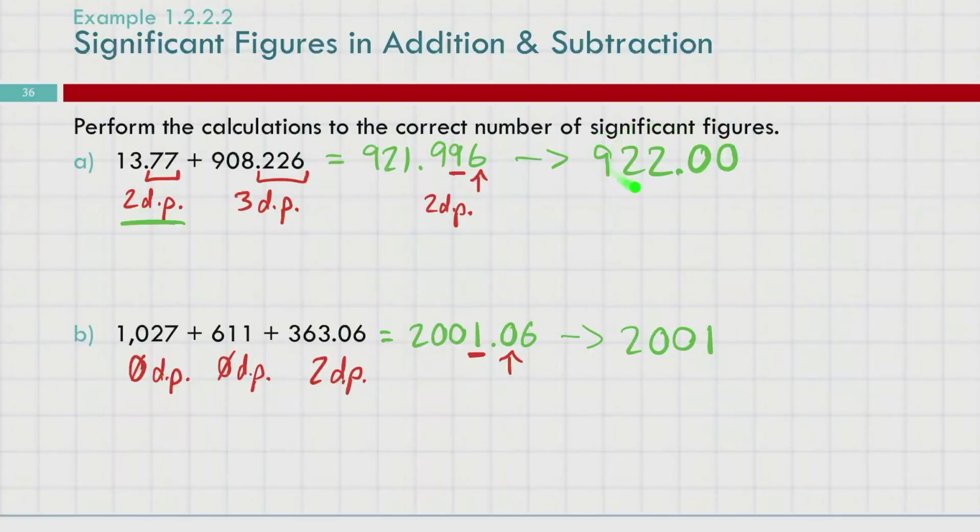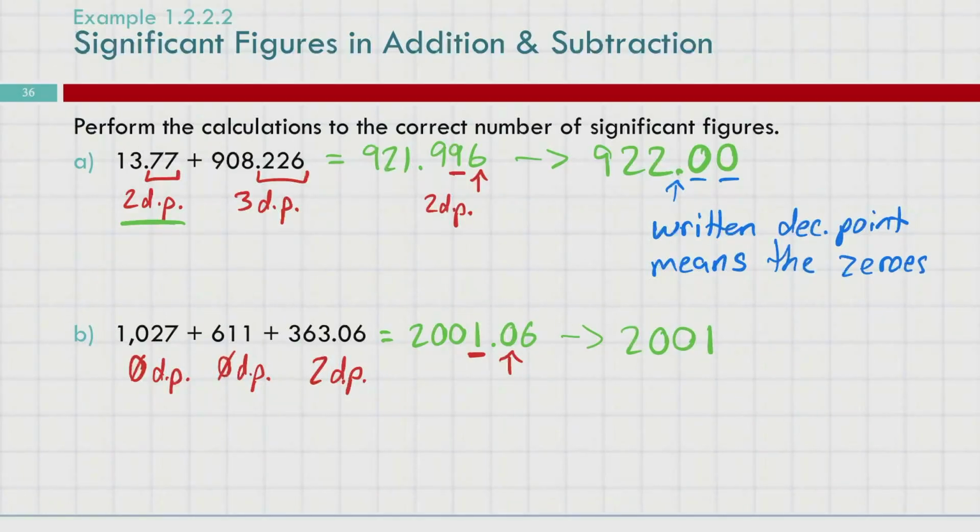For 922.00, we have a written decimal point, which means the zeros after it are significant. So that's why we don't have to put them in scientific notation. That answer your question? Cool.